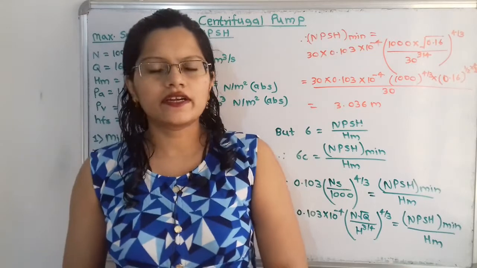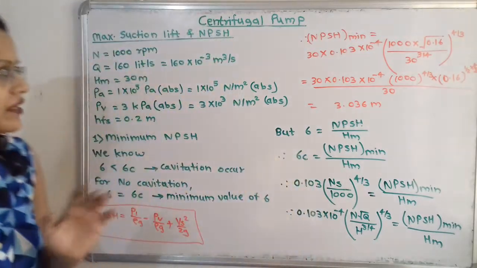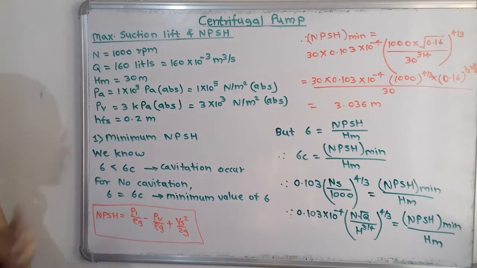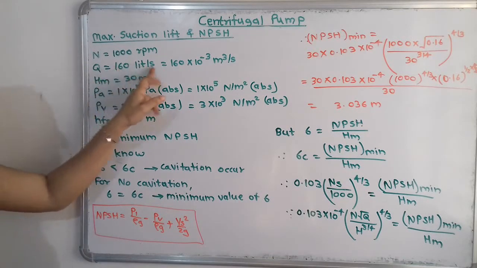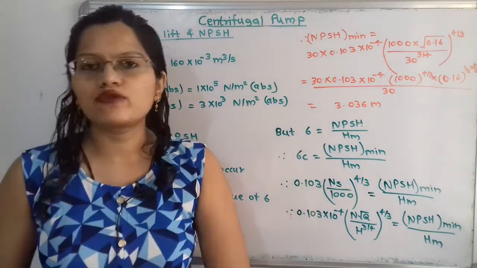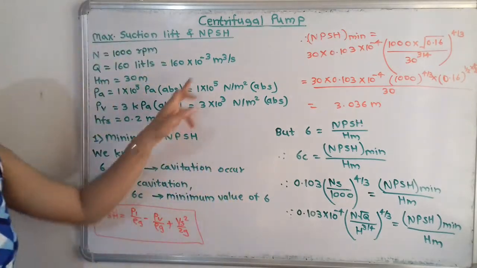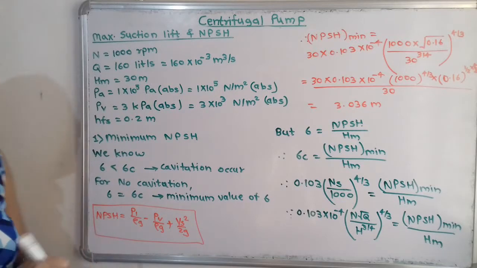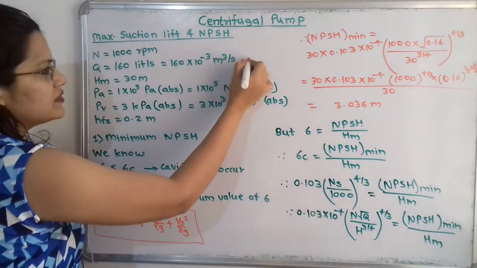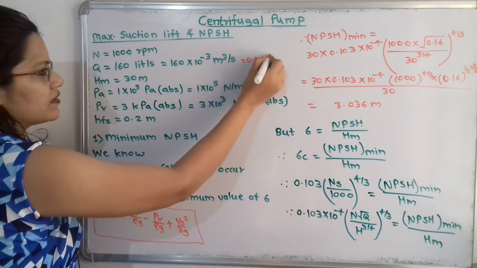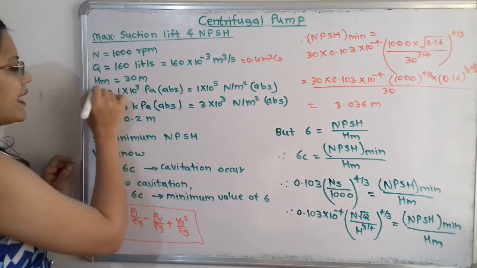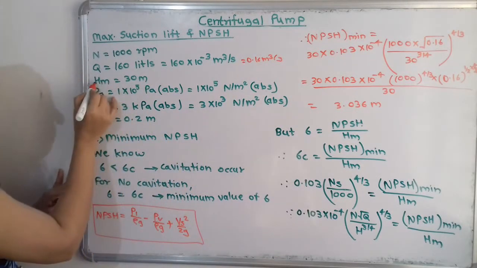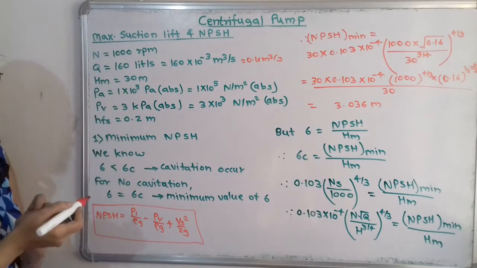Let us first understand the given data. Speed N is 1000 rpm, then the discharge Q is 160 liter per second. So we have to convert it into standard unit, that is meter cube per second. So 160 into 10 raised to minus 3, and that is equal to 0.16 meter cube per second. Then head is given, so for centrifugal pump we will use suffix m, so Hm is equal to 30 meter.